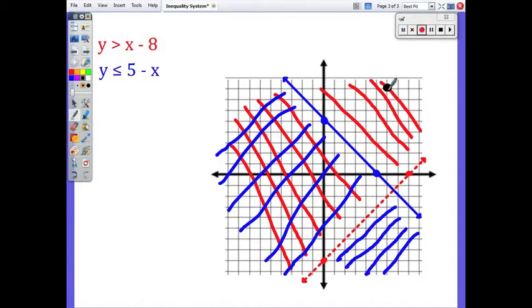But as you can see, that coordinate point of 6, 8 does not satisfy the system of the inequalities because it does not fall in the red and blue checked area.